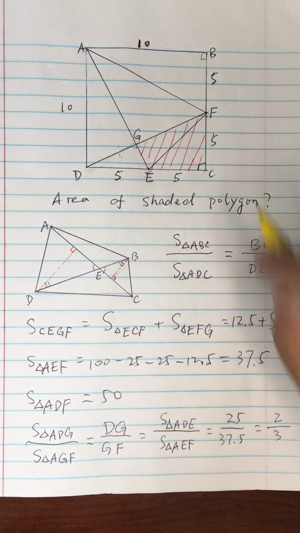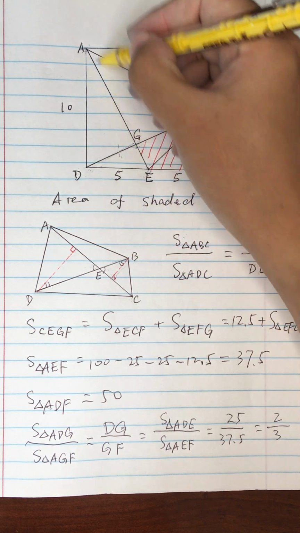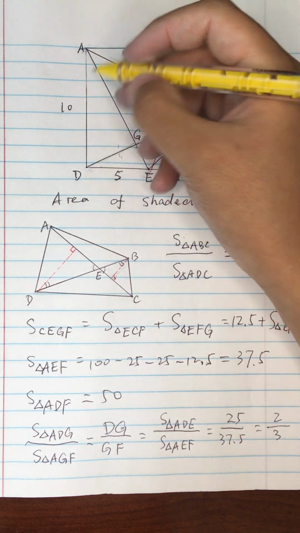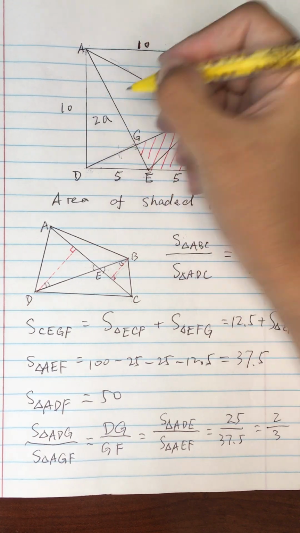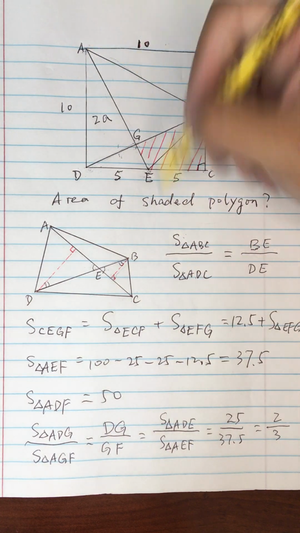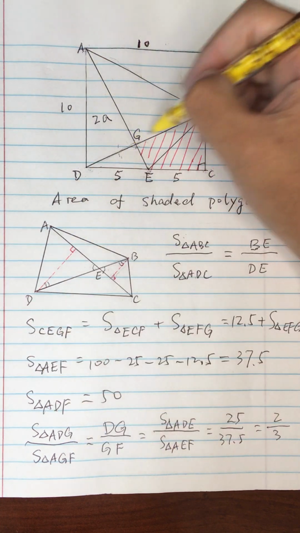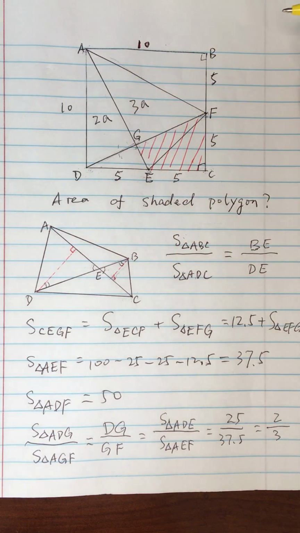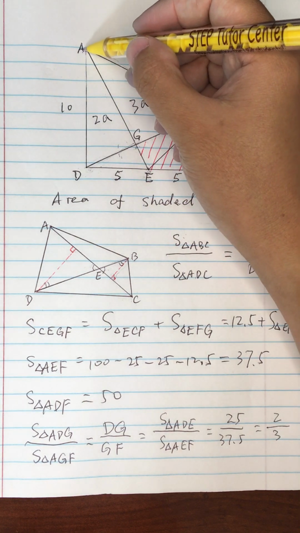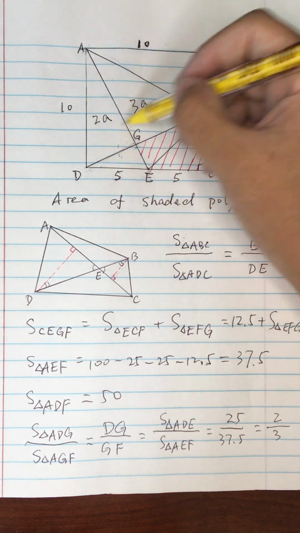So now we know that the area of this triangle ADG is a factor of 2. Suppose the common factor is A. And then the area of AGF is going to be 3A, and the area of the entire triangle ADF is going to be 5A.